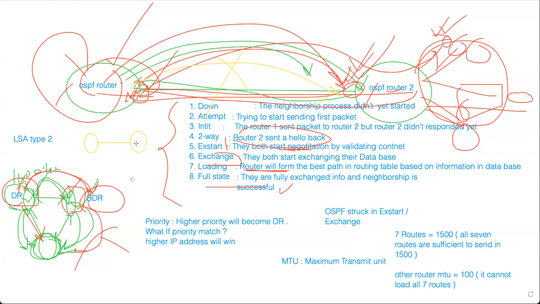There is no loop here. Very good answer. So there is no need of election of DR and BDR because there is no loop. So this is called a point-to-point OSPF network. When there are 2 routers, there is no election of DR and BDR because there is no loop.